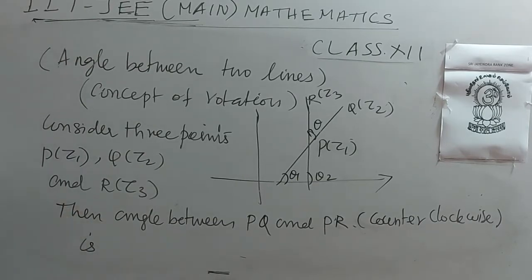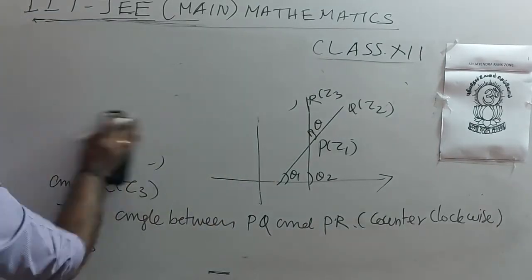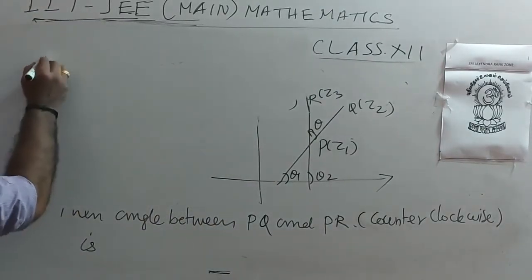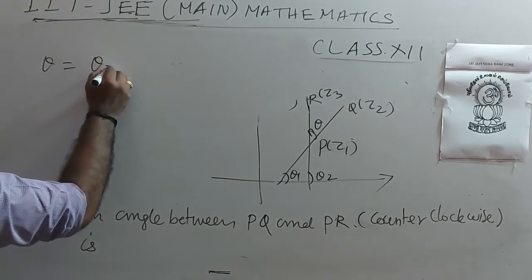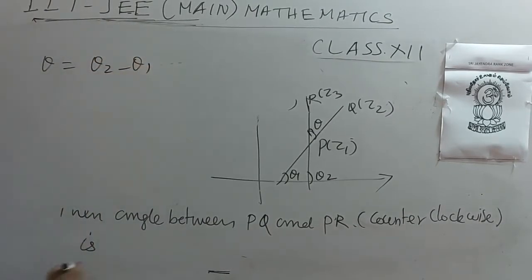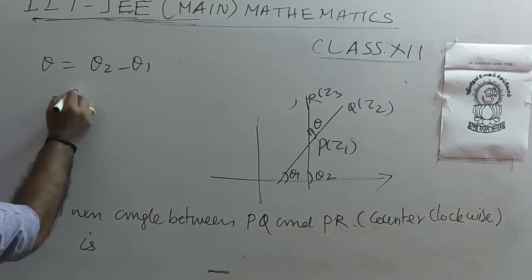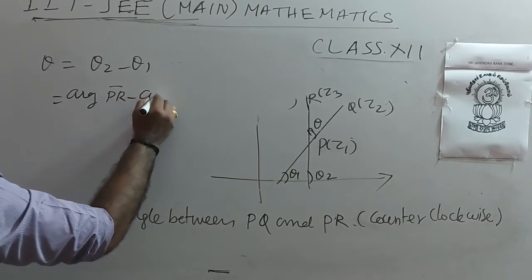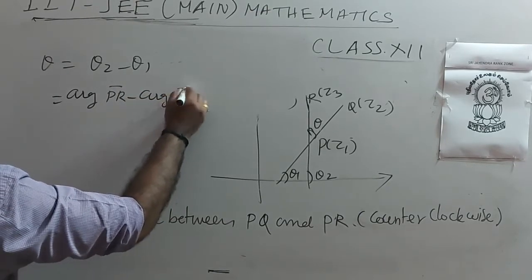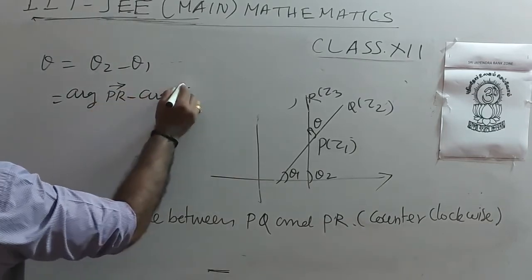Theta is equal to theta 2 minus theta 1, equal to argument of PR minus argument of PQ, that is vector PR and vector PQ.